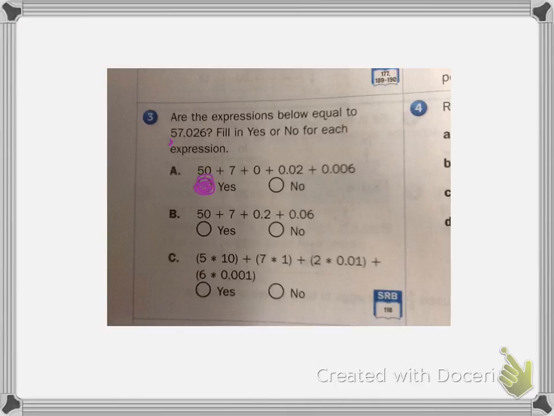B, we have 50 plus 7 plus 2 tenths. We do not have 2 tenths, so B is not correct. C, we have 5 times 10, which is correct. 7 times 1, 2 times 1/100, and 6 times 1/1,000. That is also correct.